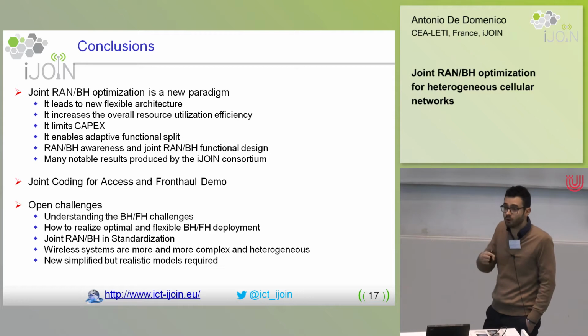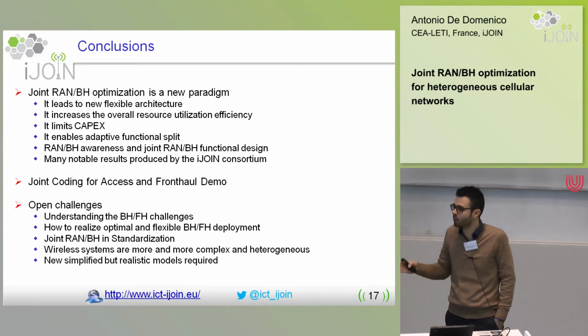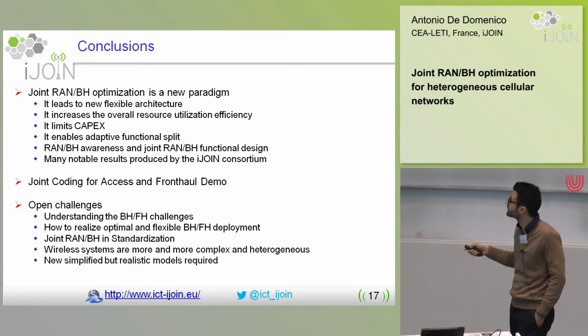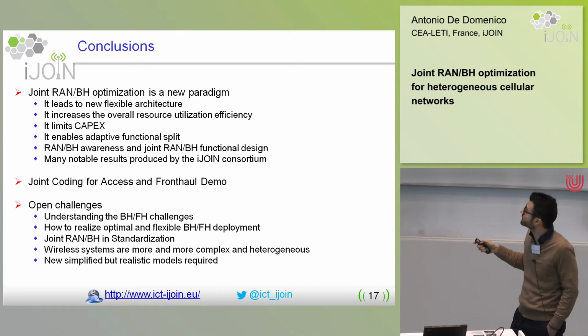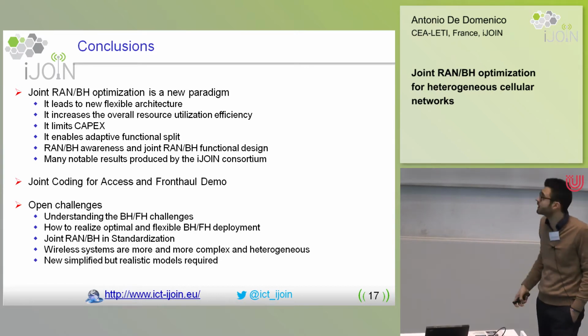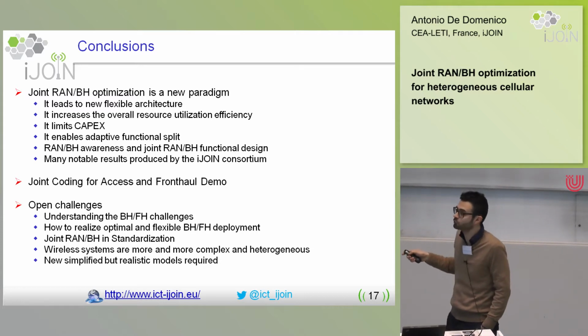And you have these two ways to implement this joint RAN and backhaul functionality. In iJOIN, we have produced many results that follow this key concept. In particular, I invite you to have a look at the demo where joint access and fronthaul is implemented.